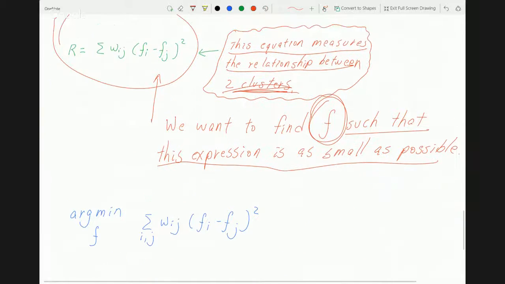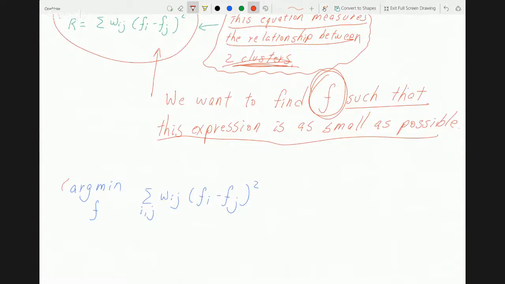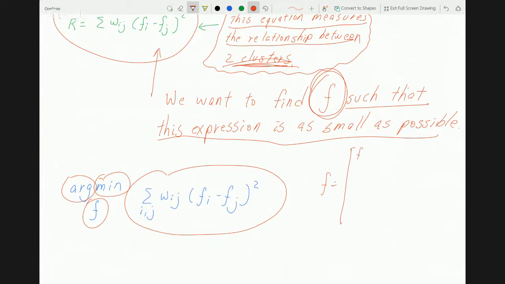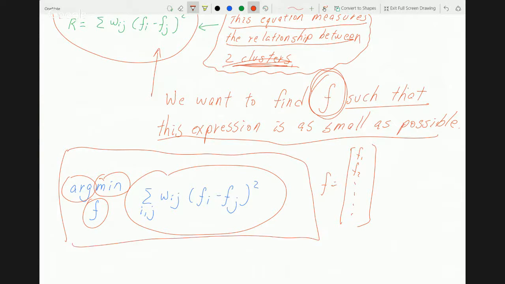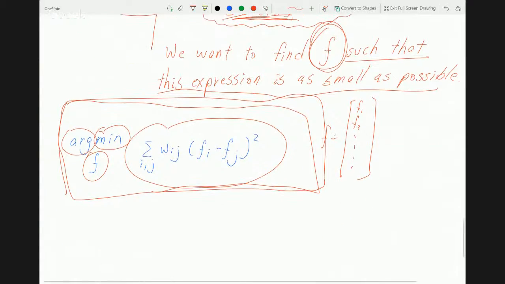The way to formulate this is we want to find the argument f such that it minimizes this expression. So f, remember, is this whole f1, f2 thing. That's what we want. And this is the whole point, from one perspective of spectral clustering.